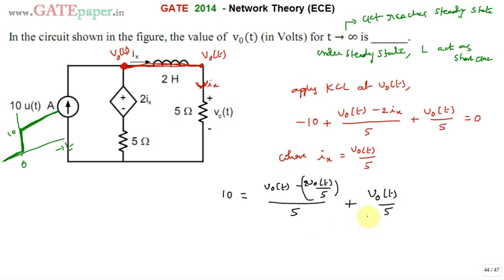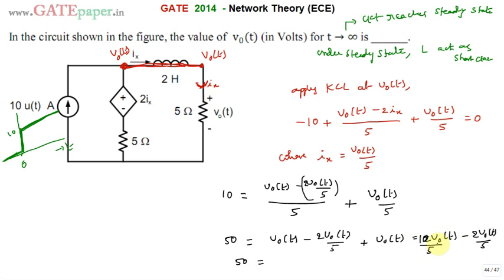If you take the 5 common, it becomes 50 equal to 5 V0 of t minus 2 V0 of t divided by 5 plus V0 of t. So that is 2 V0 of t minus 2 V0 of t divided by 5. So 50 is equal to, this 2 V0 of t can be written as 10 by 5 V0 of t.